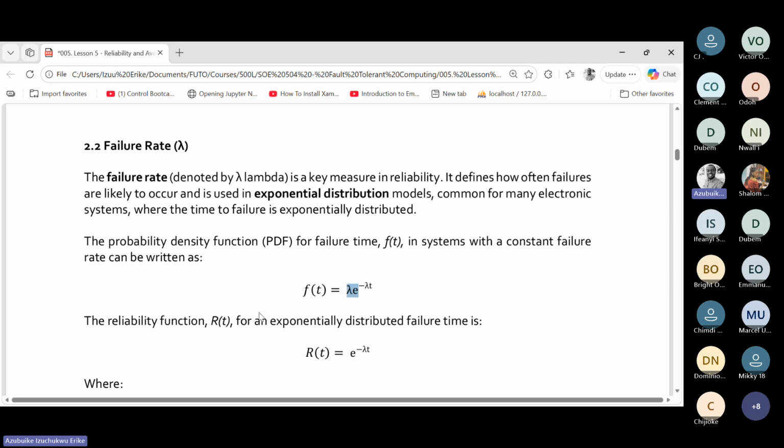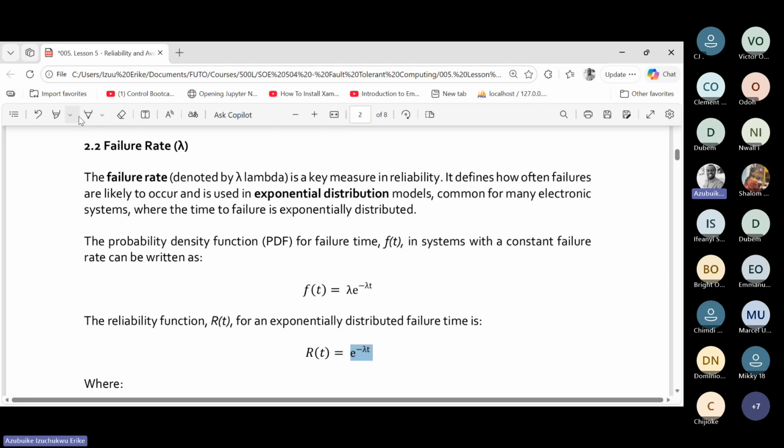So the reliability function R of t for exponentially distributed failure time is given by this formula. And as a matter of fact, when we talk about an exponential function like this, we are talking about a decay graph. Let me just see if I can write something here.